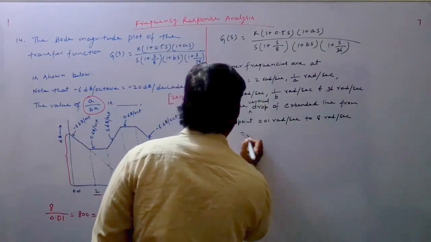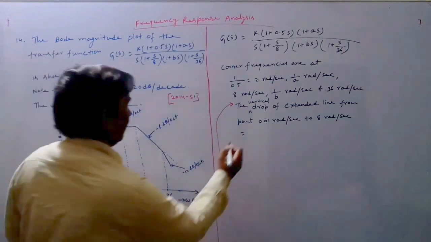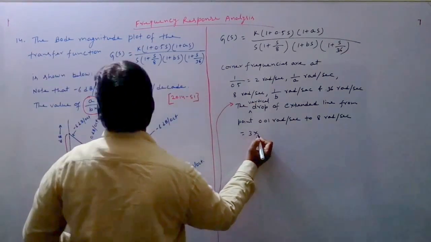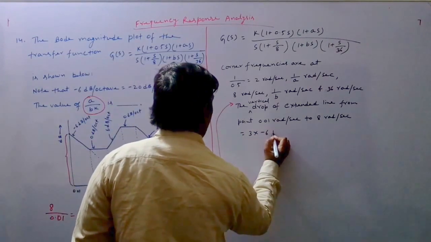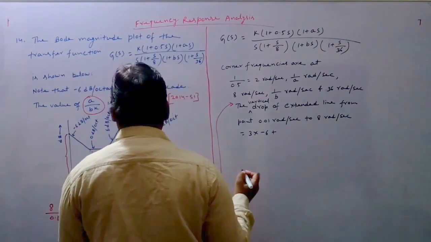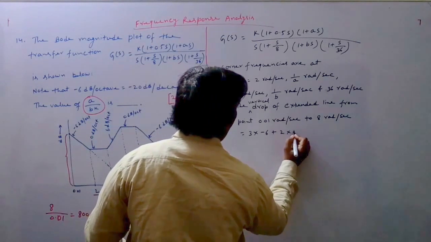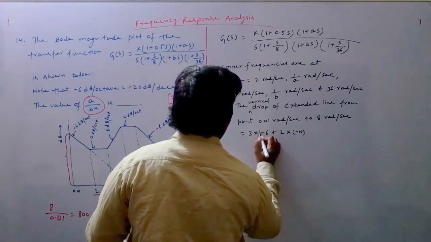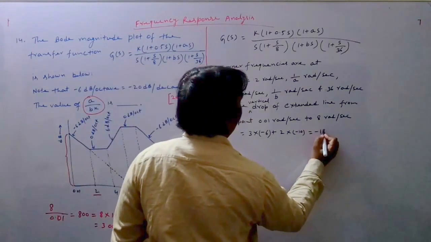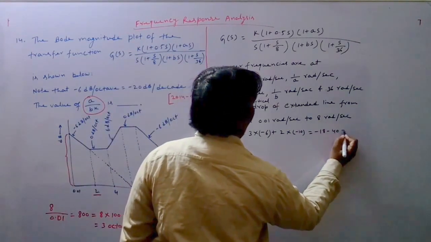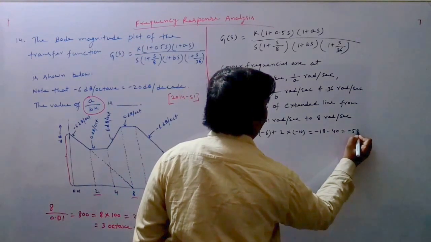This will be nothing but 3 multiplied by minus 6 plus 2 multiplied by minus 20. So it will be equal to minus 18 minus 40, which is minus 58 dB.